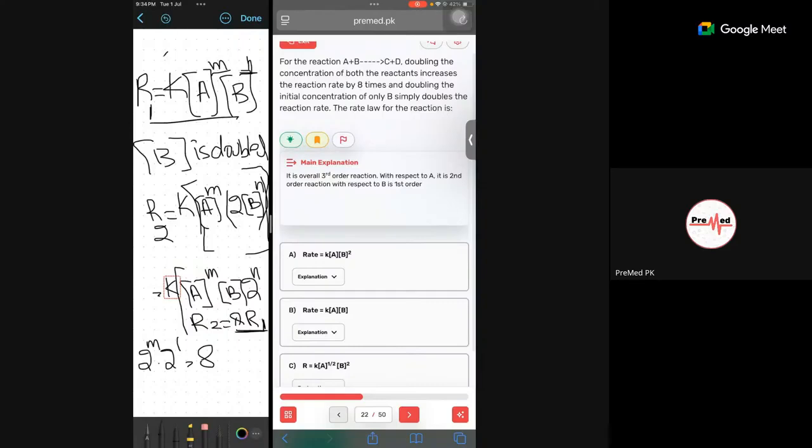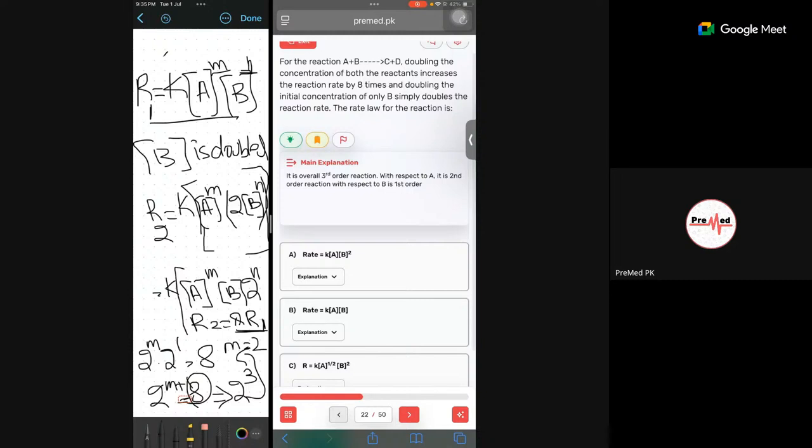Okay. Next, if we solve it, 2 to the power m plus 1 is equal to 8, which will be equal to 2 to the power 3. So we have the value of m, which is equal to 2.